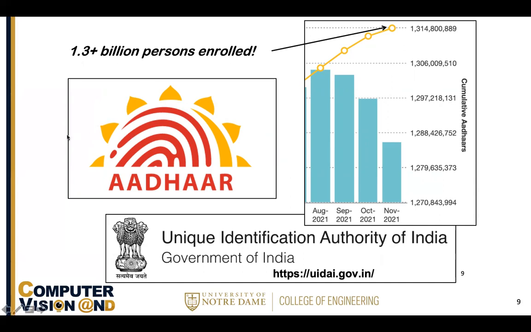Aadhaar actually uses 10 prints, 2 irises, and face recognition, but I think all observers agree that had iris recognition not been a part of the Aadhaar program, it could not have been a success at the scale that it is.